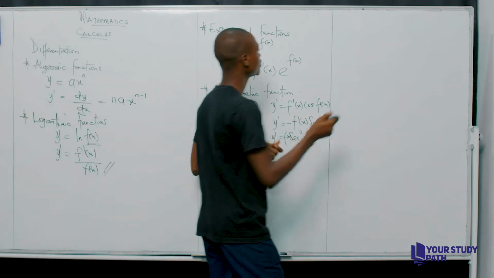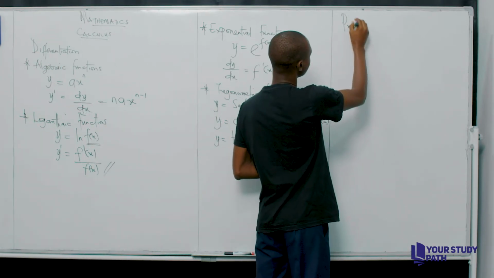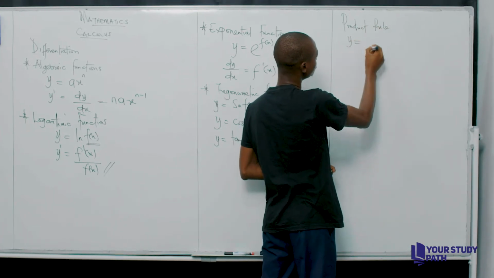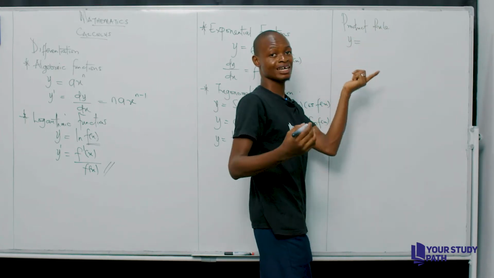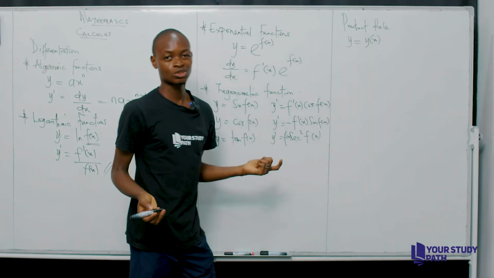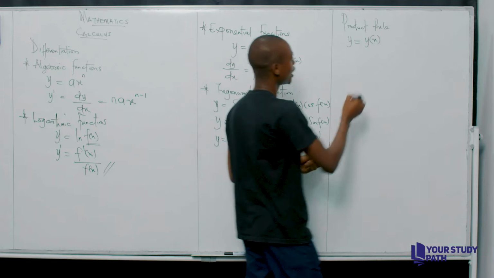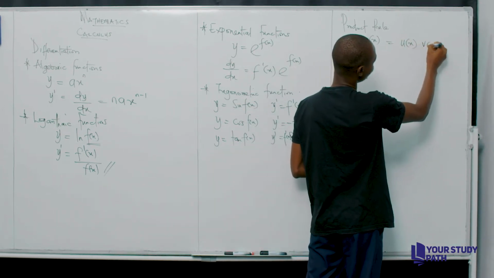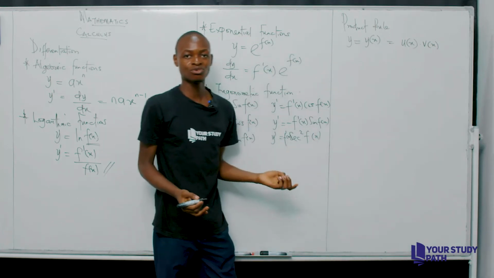So we still have space. Our product rule. We said that for the product rule, we can define when we have y to be equal to, do not forget that when I'm writing y, it's still the same thing as me writing y of x. That is completely the same. And this is, let's say, equal to the product of u and v. Then what are we saying?